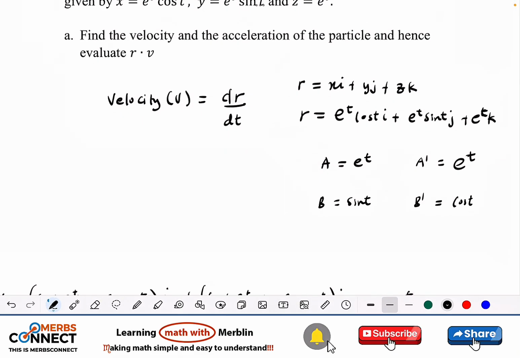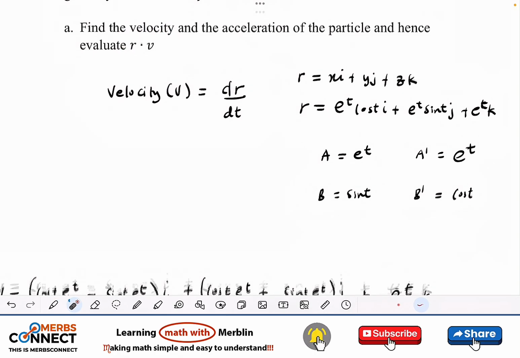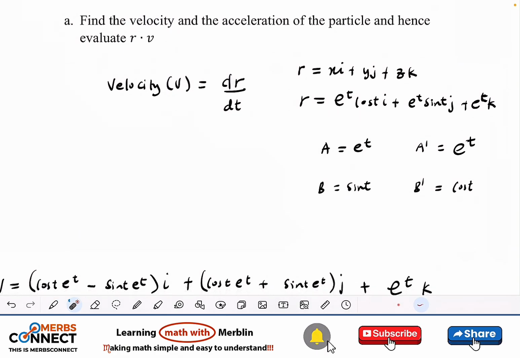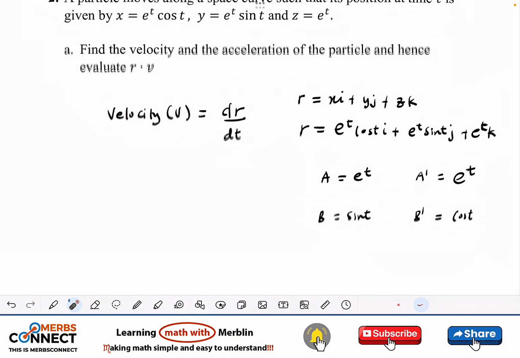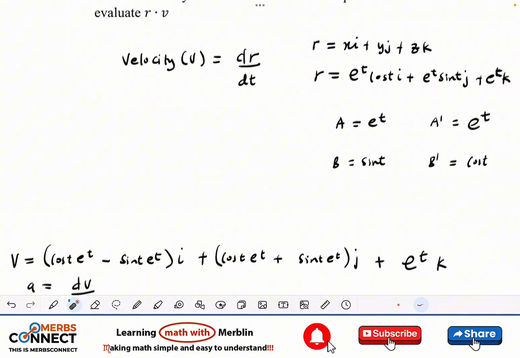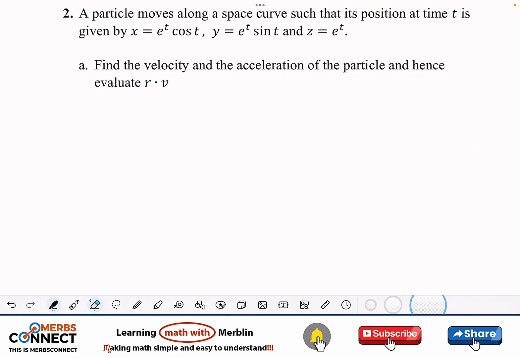Now the last thing that I need to do is to dot r and v, right? So let's do that. Let's dot r and v. Good. So I can clean this one here and just dot them up here.